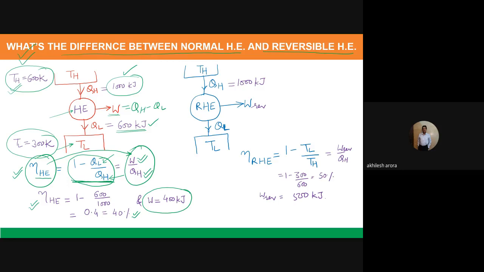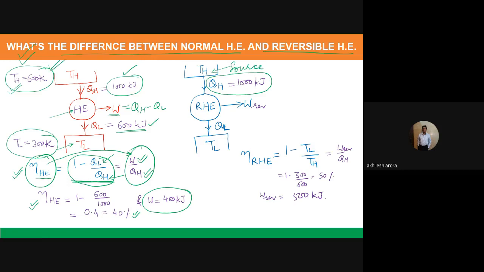Now let us have a look at the reversible heat engine. In case of reversible heat engine, what I am presuming is that I am getting the same amount of the heat which I was getting in case of normal heat engine. Means the amount of the heat supplied from the source at 600 Kelvin. This is the source, okay, at 600 Kelvin.